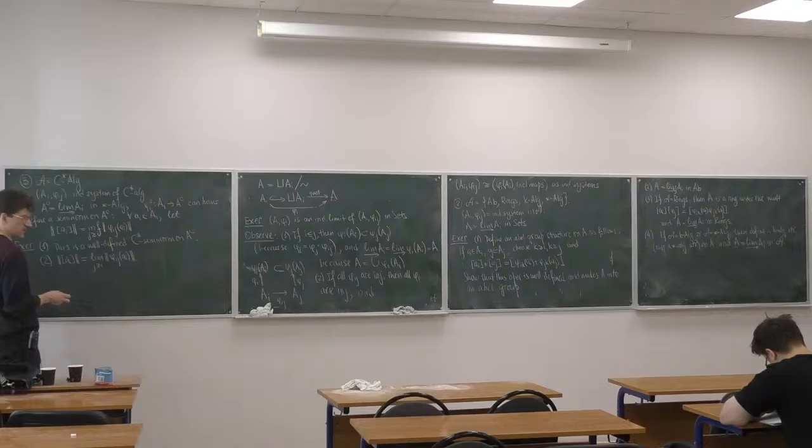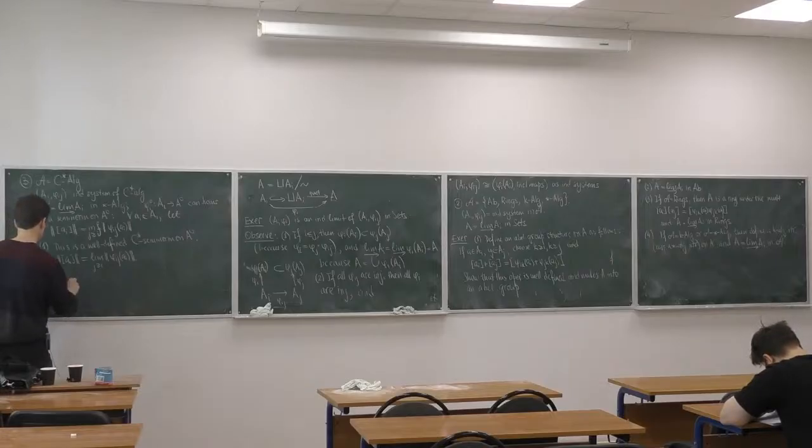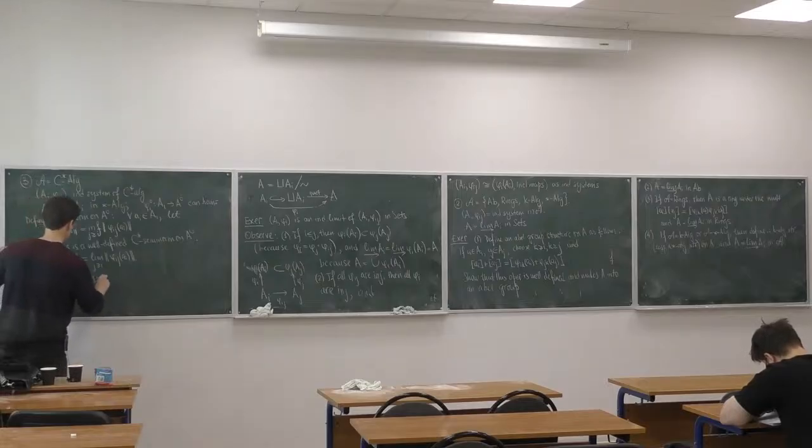Okay, the next step is to make this A0 into a pre-C-star algebra. We simply quotient out the ideal where this seminorm vanishes. Let N denote the set of those elements in A0 for which this seminorm vanishes.